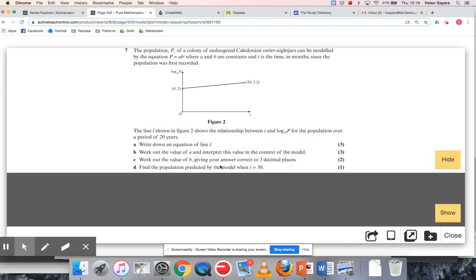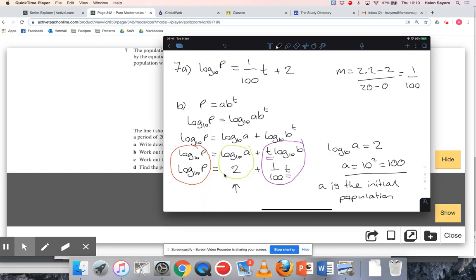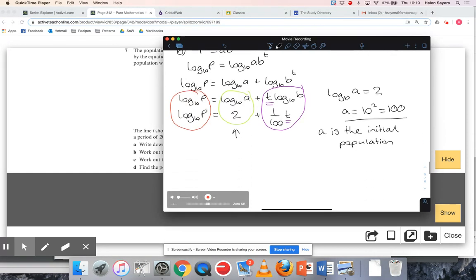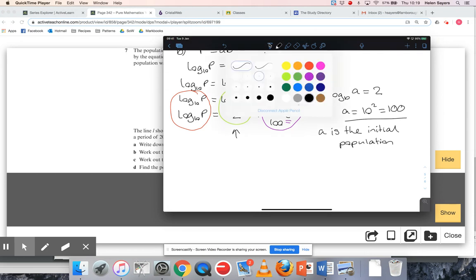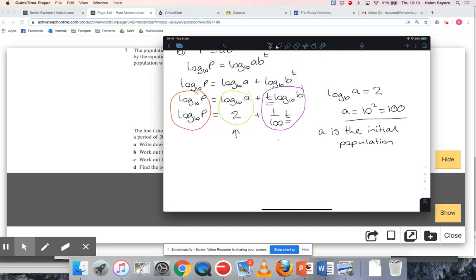Work out the value of b and give your answer correct to 3 decimal places. There's a bit of a clue. I'd be feeling quite confident about my answer for a at this point, because they didn't mention rounding for that, and we obviously didn't need to because it came out as an integer. We've already set ourselves up to find b. I'm comparing the coefficients.